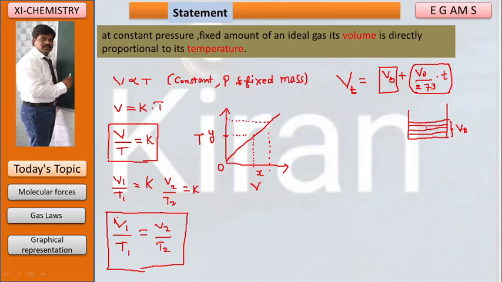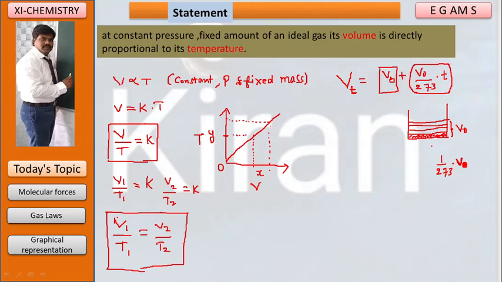You can assume like that. Out of 273 parts, this is one part. This one part is considered as 1 by 273 of its original volume. Its original volume is V naught. How much it is, I don't know. Out of that, this part is 1 by 273.